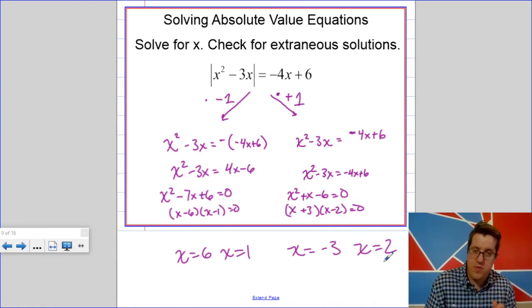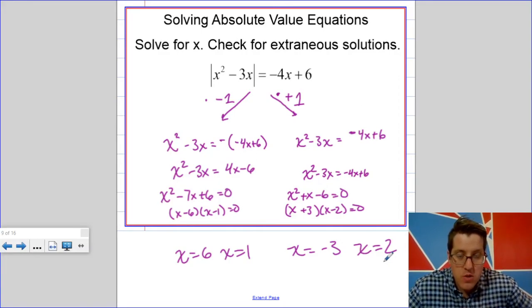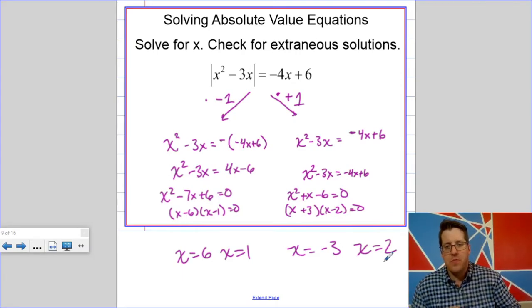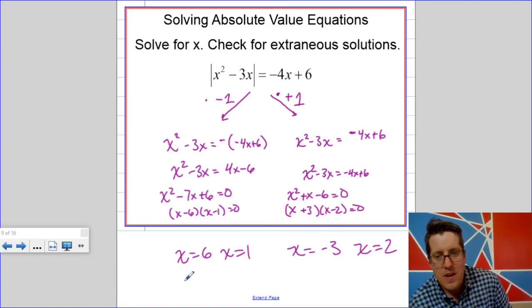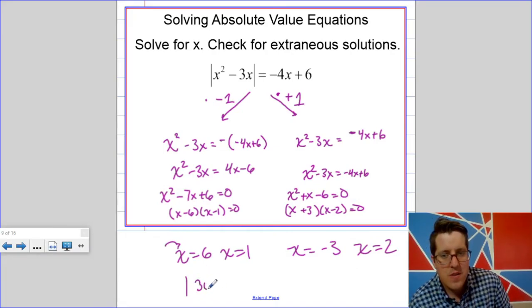Okay, I got 4 solutions, but anytime an equation has a domain restriction or a range restriction, I need to be careful and I need to check all of my solutions because sometimes they don't work. Let me give you a quick example here. If I plug in 6 to both sides of the equation, so I'm going to check 6 first, I'm going to get 36 minus 18 inside an absolute value equals -24 plus 6.